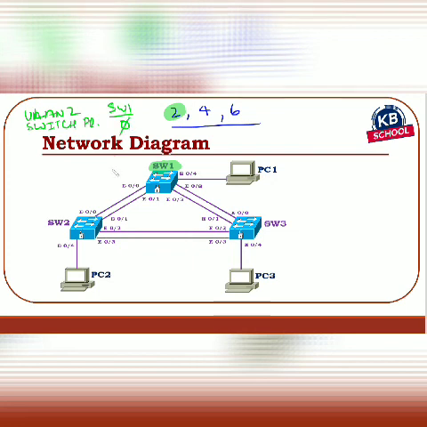Okay, but at the same time, what I can also do is for VLAN 4, I can go to switch 2 and say, I want you to have a switch priority for VLAN 4 as 0. So in that case, this guy will become the root switch for VLAN 4.